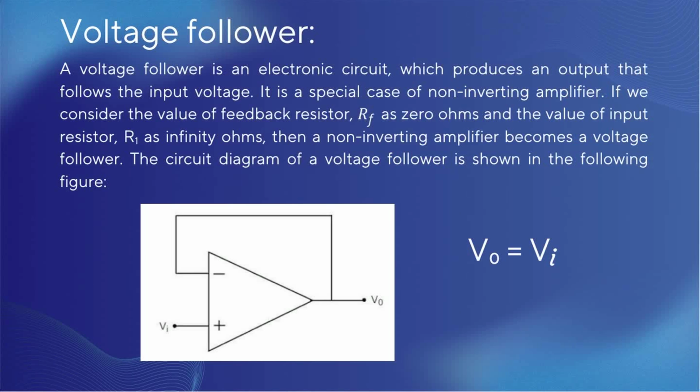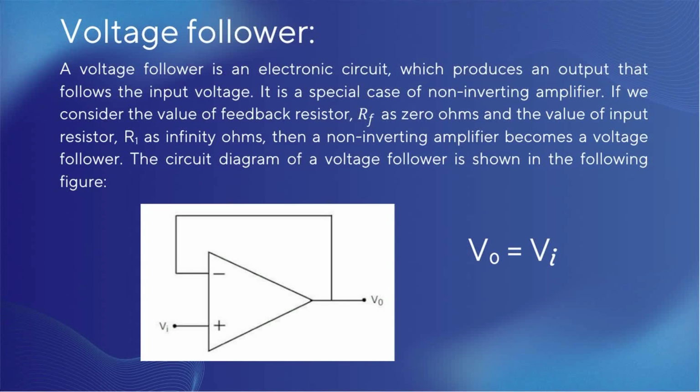In this circuit, the input Vi is directly applied to the non-inverting terminal. Here the output is directly connected to the inverting terminal. Hence, the voltage at the inverting input terminal of the op-amp will be V0. Now, according to the virtual short concept, the voltage at the inverting input terminal is the same as the voltage at its non-inverting input terminal.